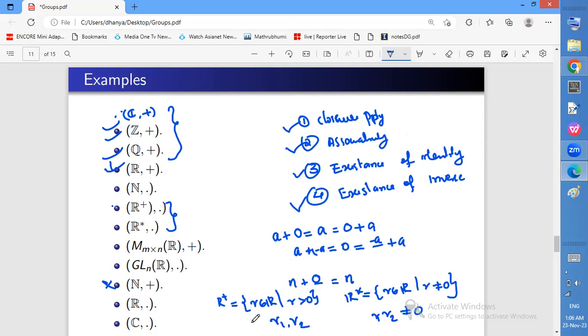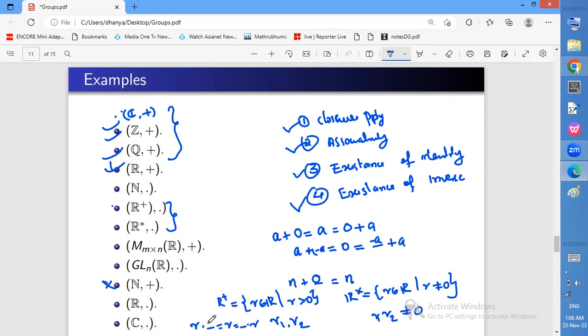Next, we may check the existence of identity. What is the possible identity for an element of the set? Given any positive real number or non-zero real number r, the identity element is the one element of that set satisfying the property r into that element is equal to r, is equal to that element into r.